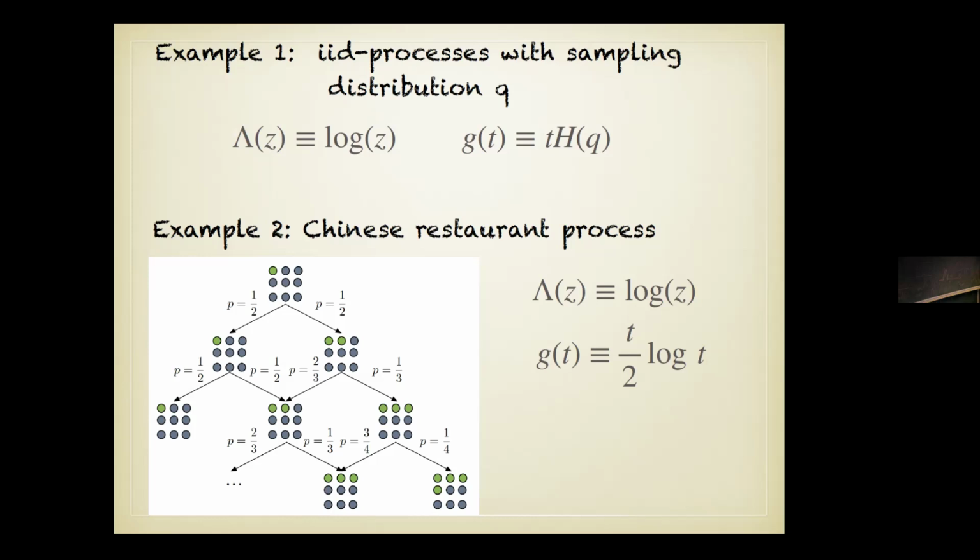So g of t is the entropy measure, and 1 over t times g of t would be the entropy per emitted symbol, basically.